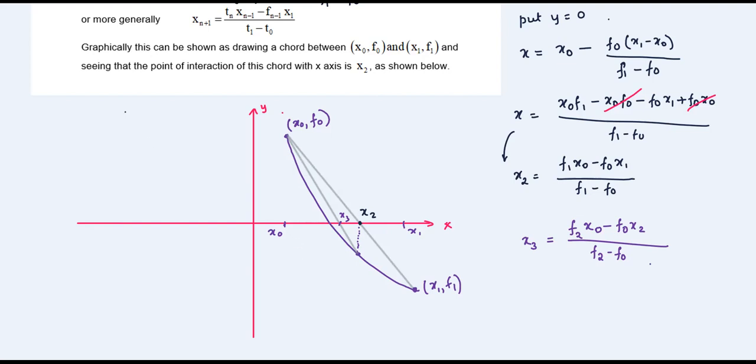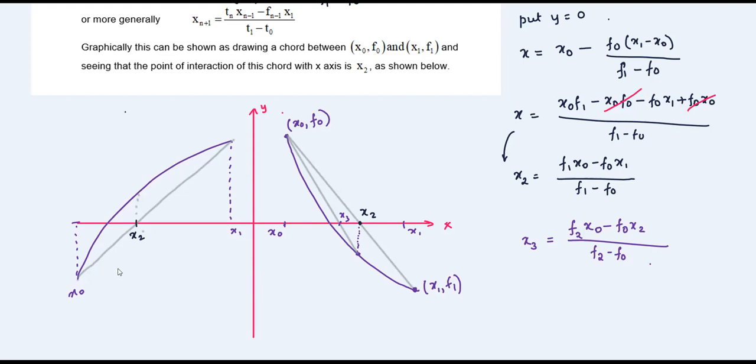So for example, if the curve is like this, and this is our x naught, and this is x1, then this will be x2. In this particular case, we'll have to choose x0 and x2.